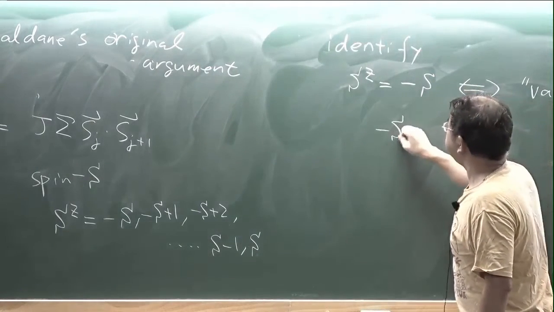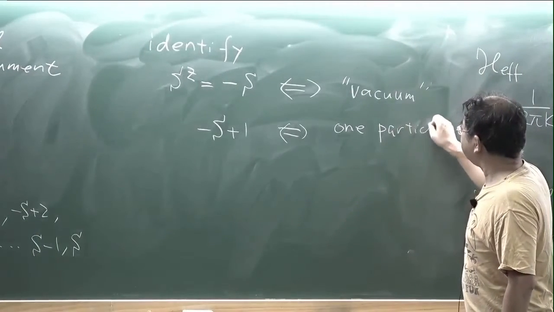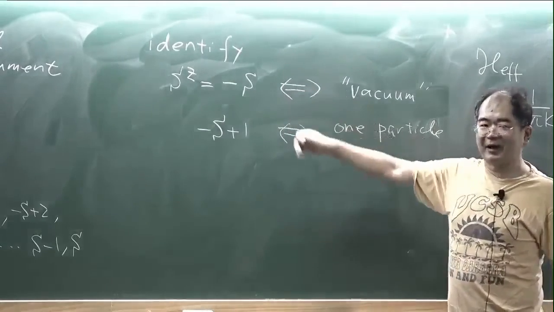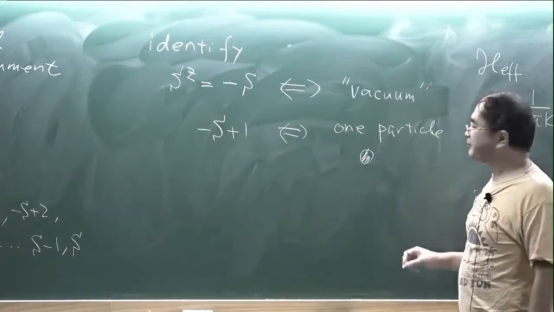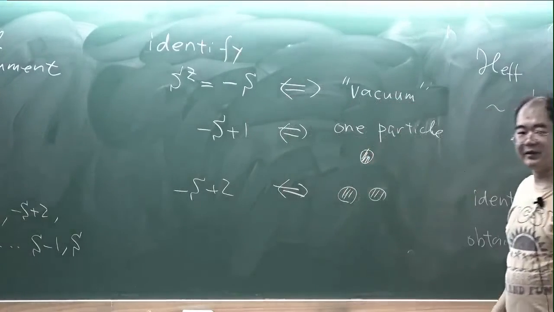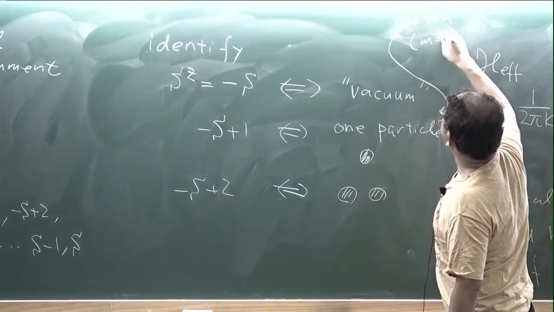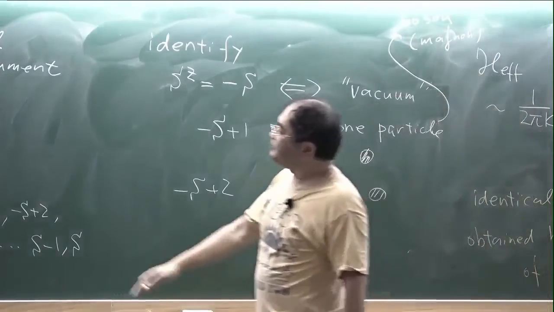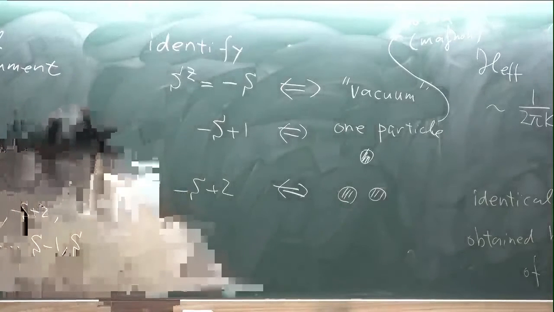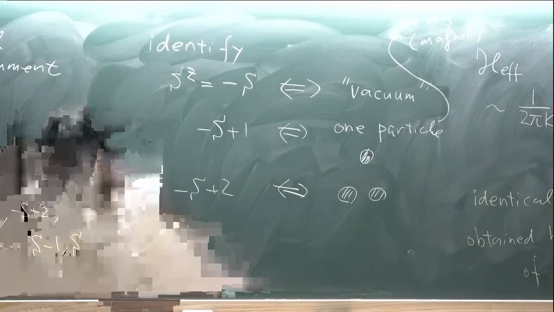And you increase this SZ by 1, then you interpret it as there is one particle on the site, which is often called a magnon. You can identify increasing SZ by 1 with the presence of one particle, and minus S plus 2 identified with 2 particles. And these are naturally bosons, which are called magnons. So in this way, you can map this spin S antiferromagnetic Heisenberg chain to some interacting bosons in one dimension.